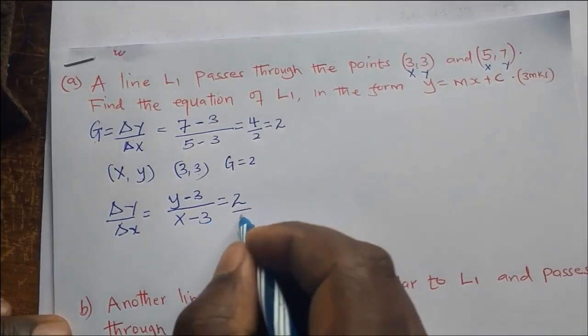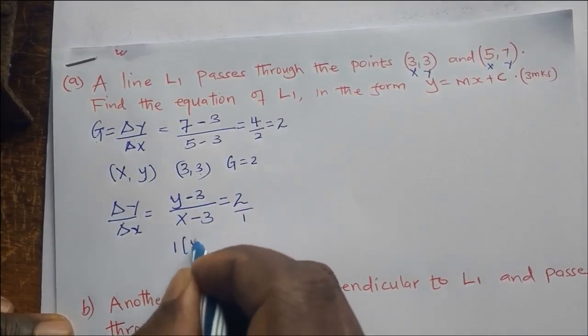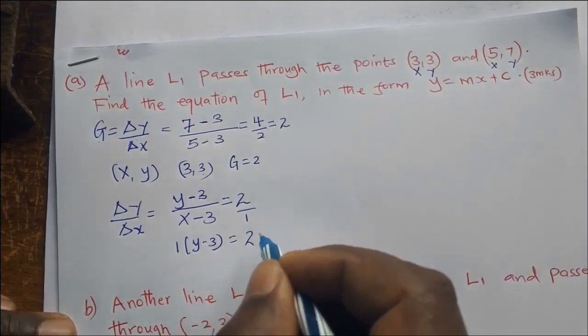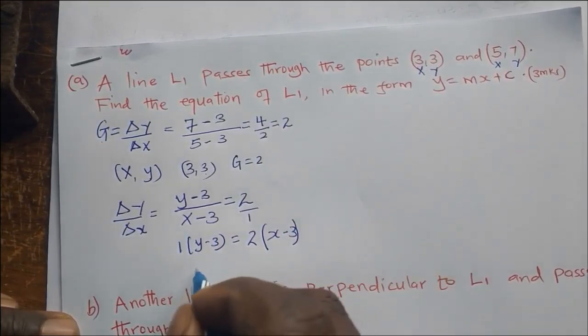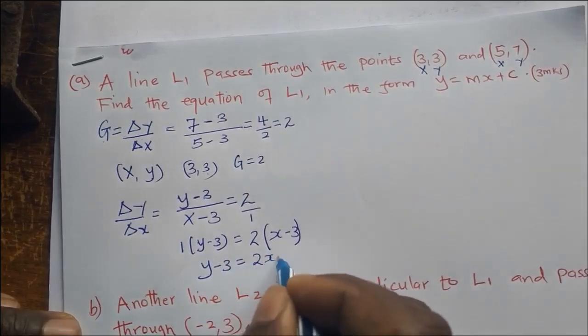So we can put over 1 so that we can cross multiply. 1 into y minus 3 is equal to 2 into x minus 3. So this is y minus 3 is equal to 2x minus 6.